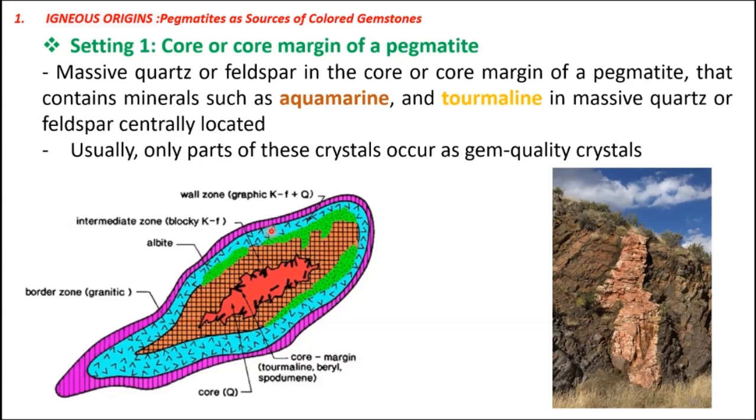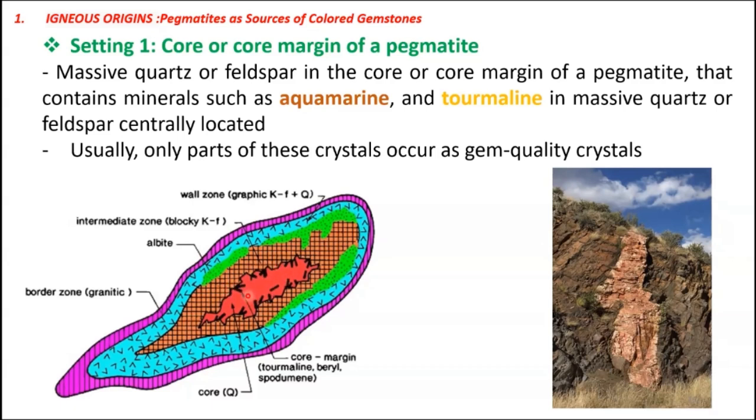As a result, at this contact, on most occasions crystallization initiates from this rim. Mineral crystallization here initiates first, and then gradually continues towards the core. The minerals at the core region, in most core zone pegmatites, form in the last part.